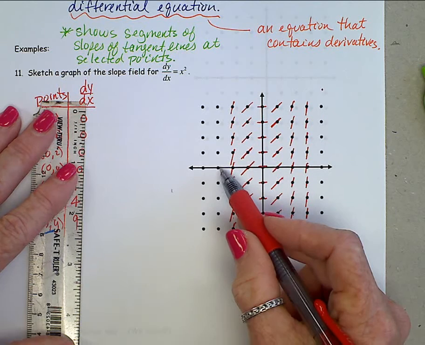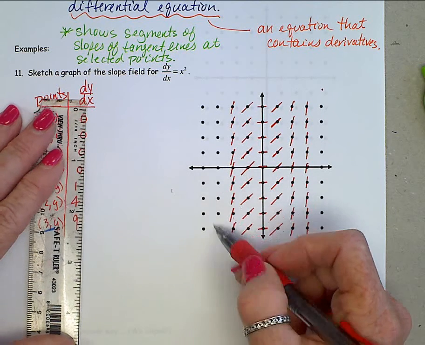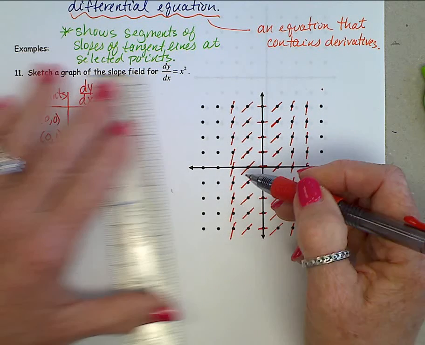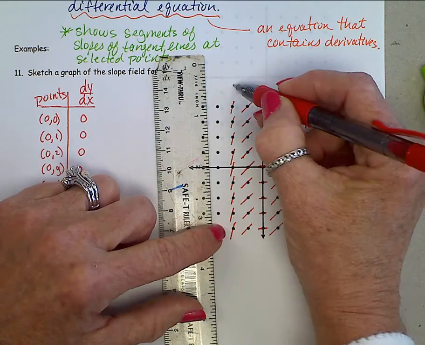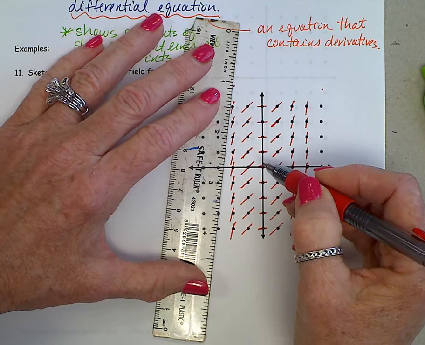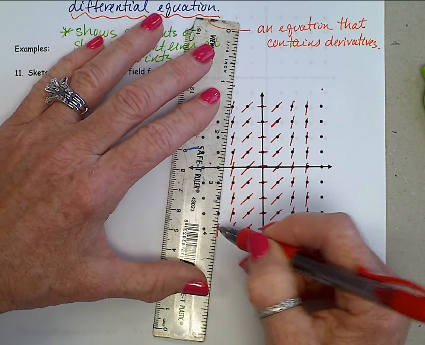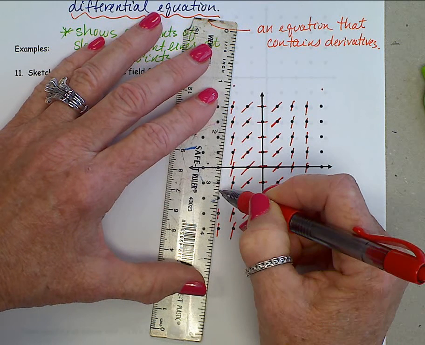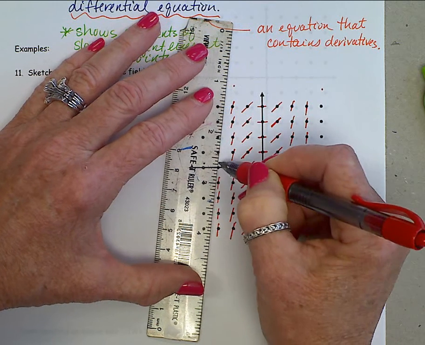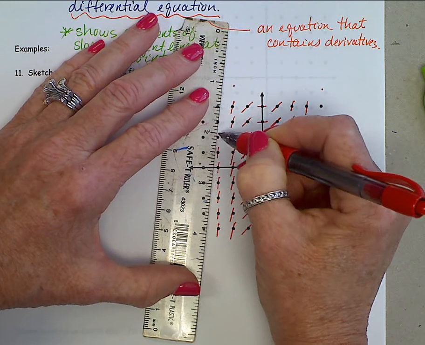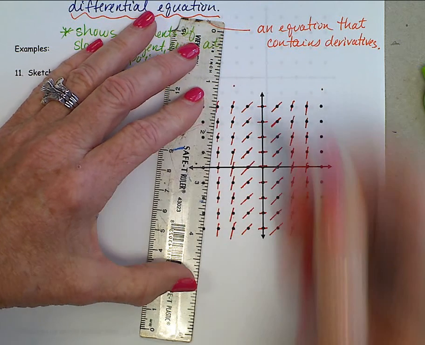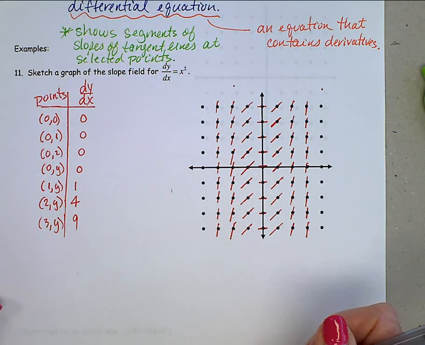And the last column that we're going to do is when x is -3, that slope is 9. And there we go. There's your slope field.